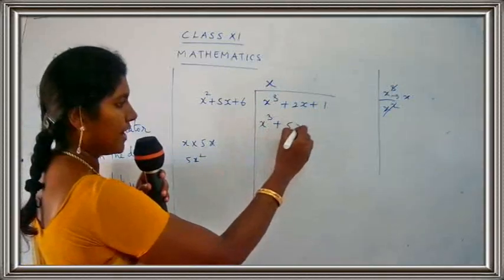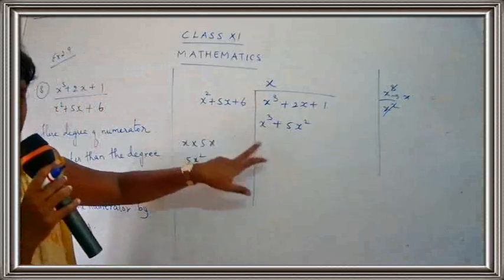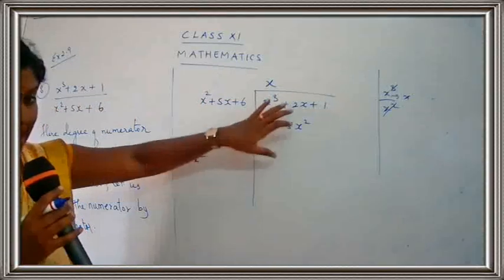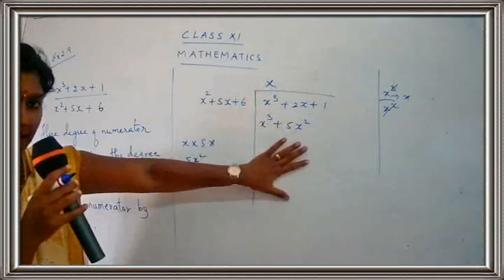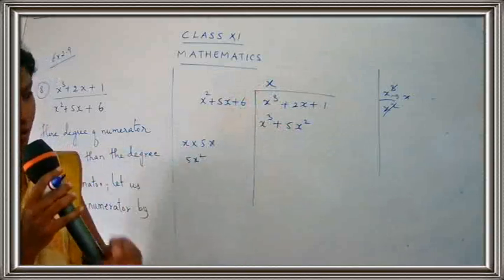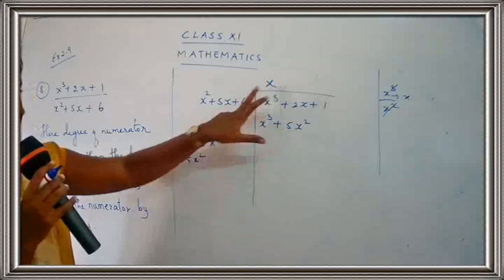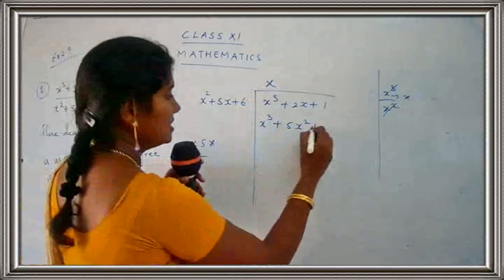Actually what we do, we try to write down the like terms one below the other, but here we don't have an x square term, so just write down for the moment. X into 6 is 6x.